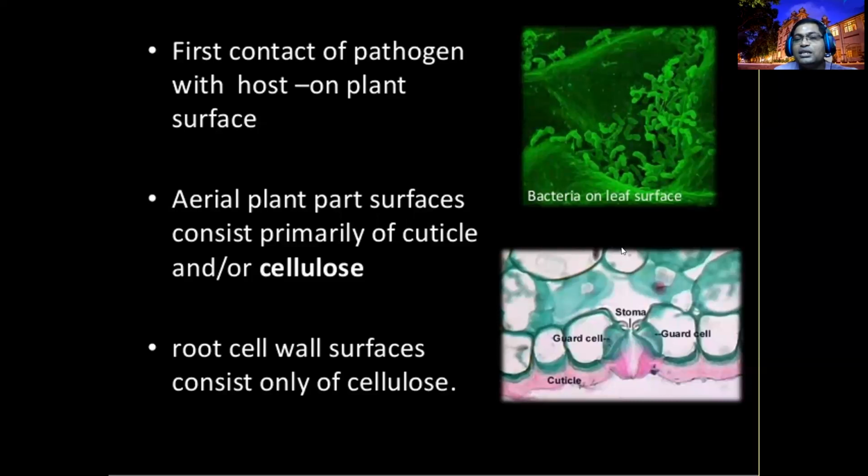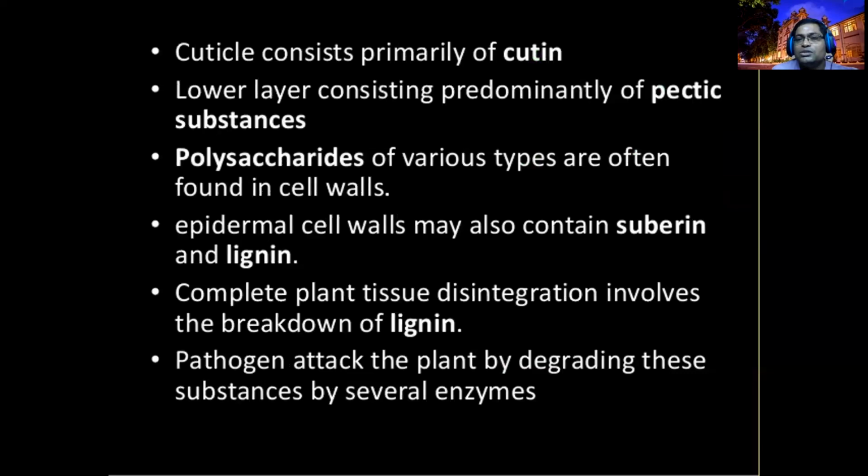In the root surfaces, other than the cuticle, they consist mainly of cellulose. Some cuticles are very thick, and some surfaces have only cellulose. Other things, pectin, wax layer, you cannot find. So the surface mainly consists of cuticle.